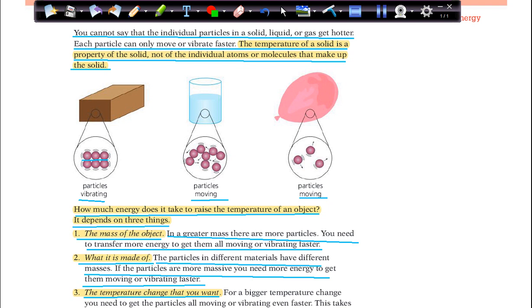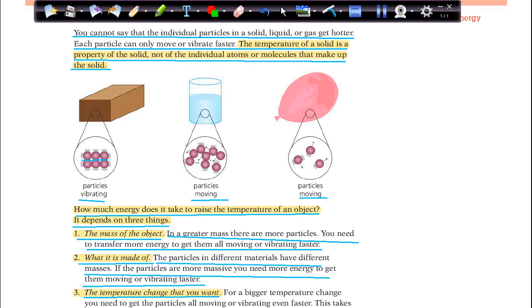If the particles are different, I need different thermal energies to make them melt. That means make the particles inside them vibrate more and more and more until I melt them, okay?